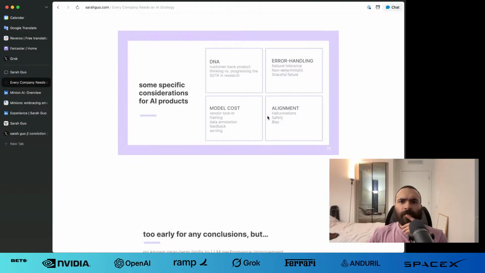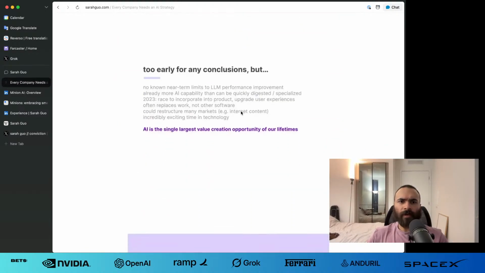Some specific considerations: DNA, customer back, product thinking versus progressing the SOTA in research. Error handling, model cost, alignment, hallucination, safety bets, vendor lock-in, training, data annotation, feedback, serving, natural tolerance, non-deterministic, graceful failure.